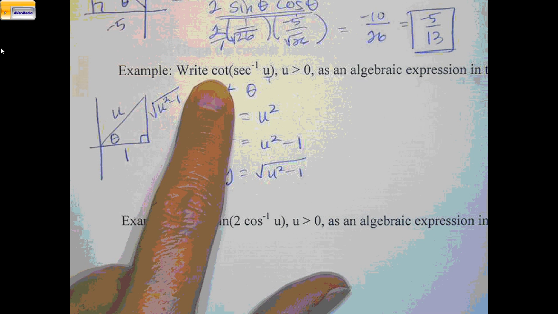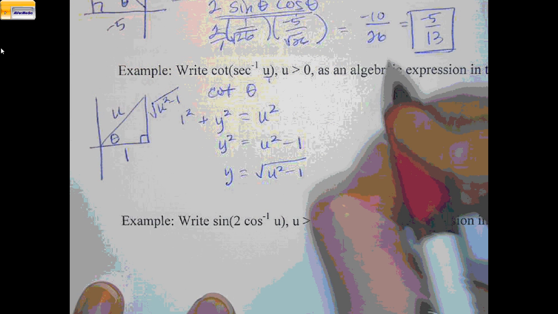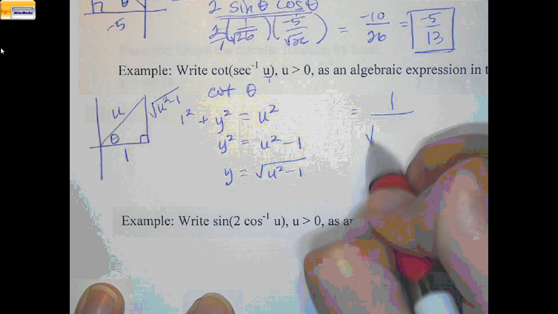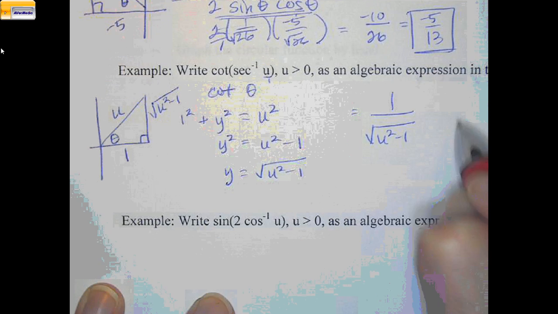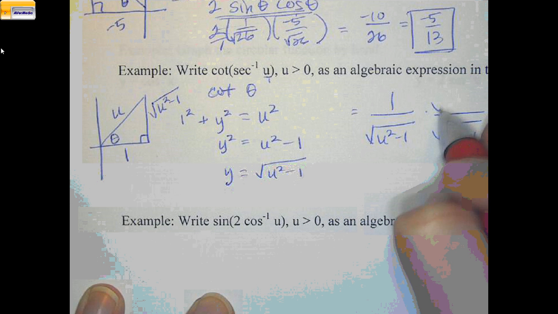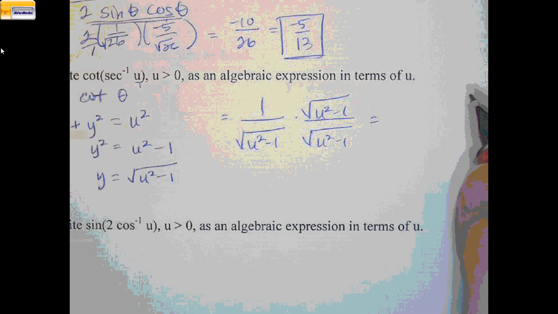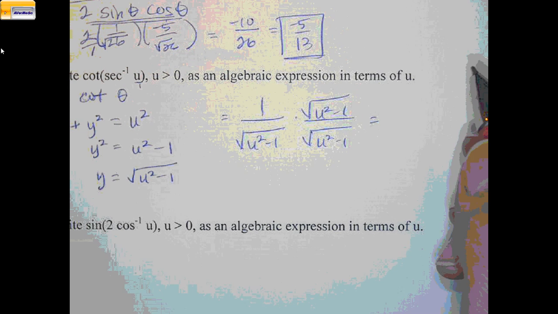So we've got our triangle here. It's asking for cotangent. Cotangent is adjacent over opposite. So it equals 1 over big ol' radical of u squared minus 1. To rationalize it, multiply it by the square root of u squared minus 1 over the square root of u squared minus 1, which looks really crazy, but it's not a big deal because the top is itself.